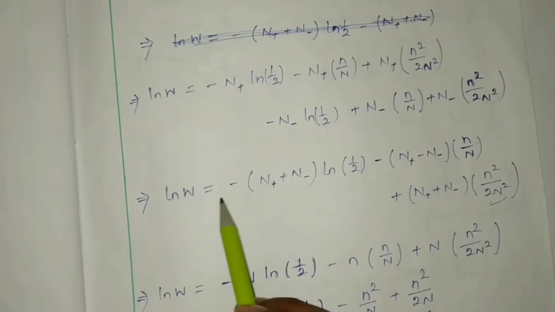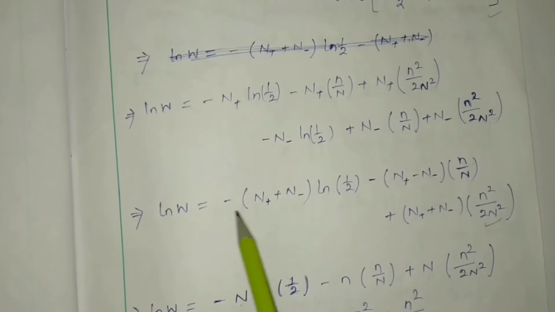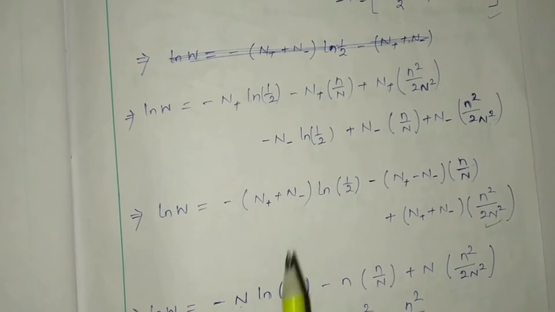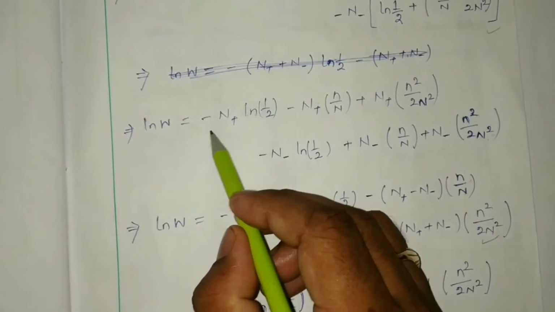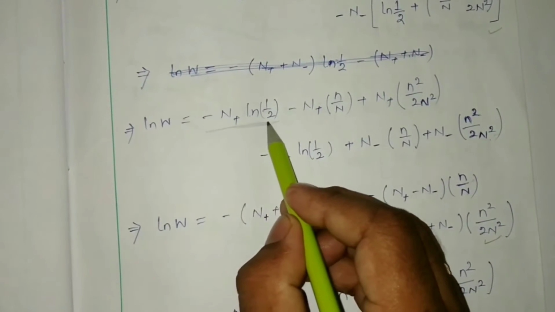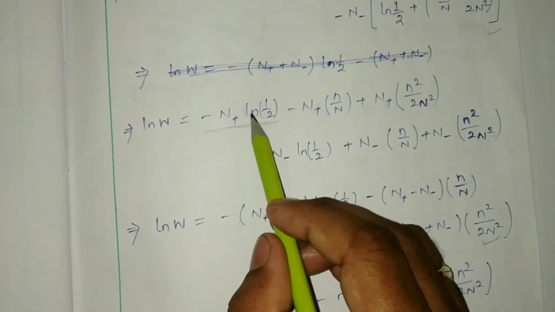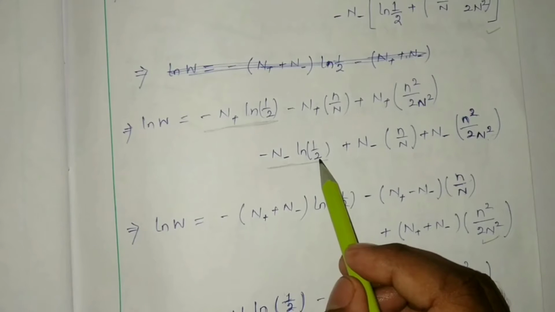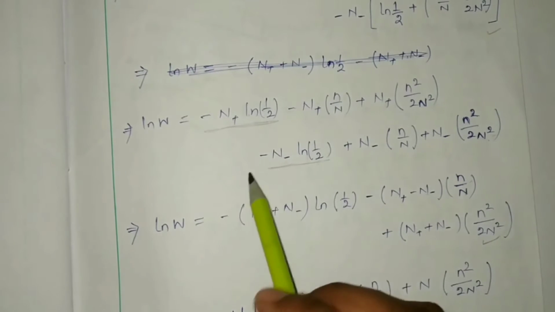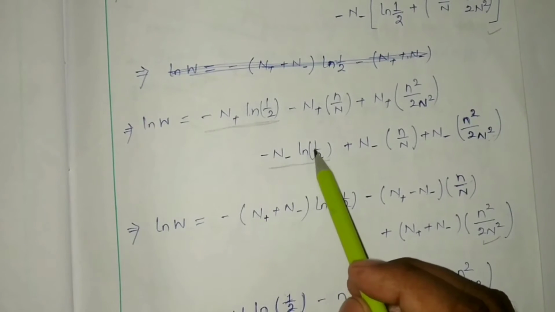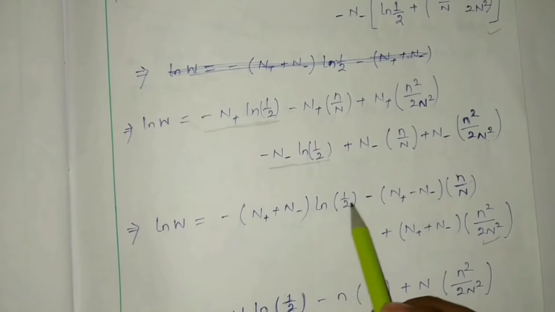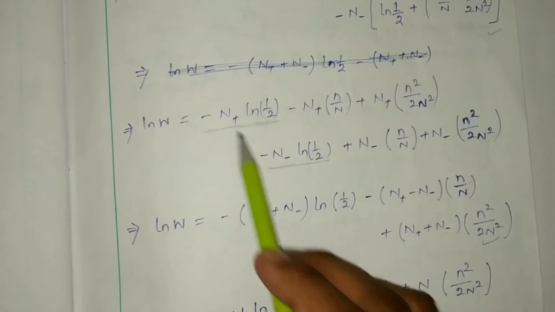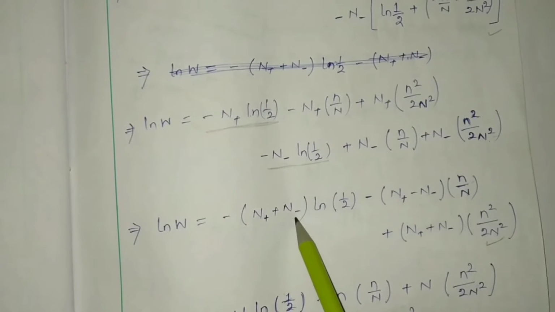Okay, so that implies ln W will be equal to how much? Here you can see this is one term having ln 1 by 2, this is another term also having ln 1 by 2. So take common minus ln 1 by 2, in the bracket it will be n plus plus n minus.